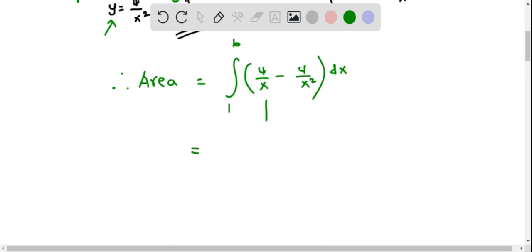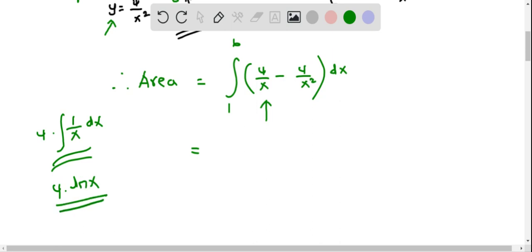I'm going to first find the integral of 4 over x. I can consider this as the integral of 4 times 1 over x, and the integral of 1 over x is the natural logarithm of x. So the integral of 4 over x is 4 times ln x. Now we integrate the second term, the integral of 4 over x squared.